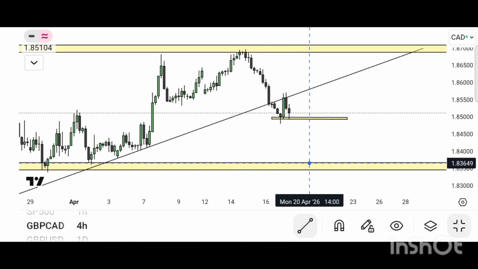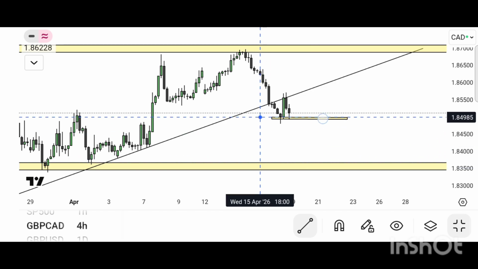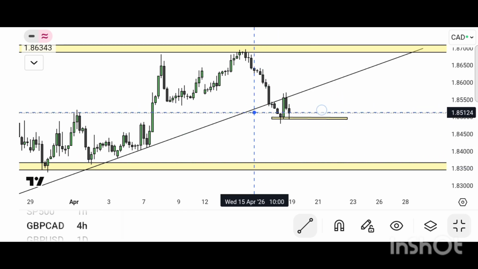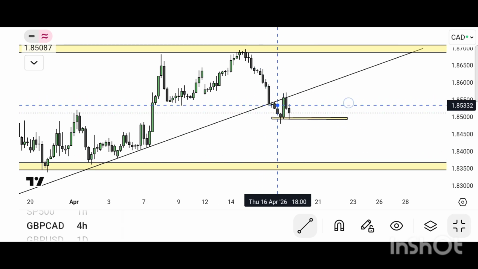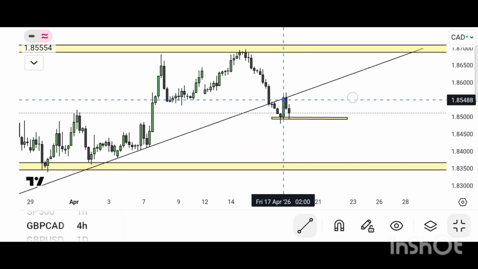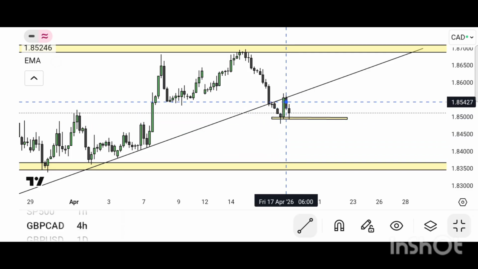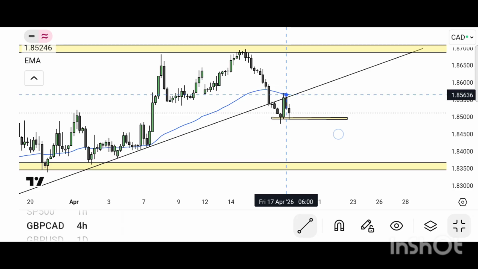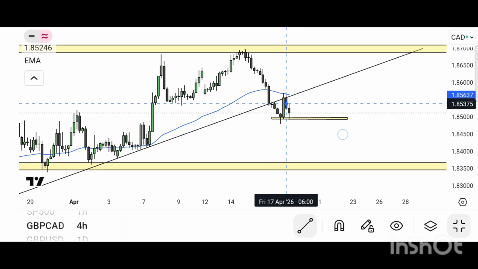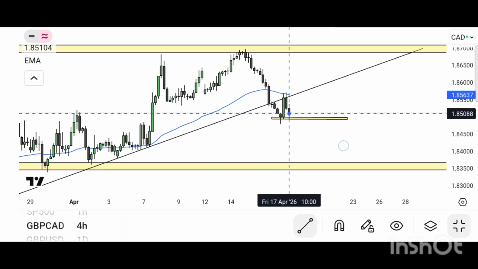Why did I say so? Number one, it has broken this trend line and it has retested back to it. And also my EMA is showing that the market is below the EMA. So the market is below this EMA. So this is showing how many confluences.